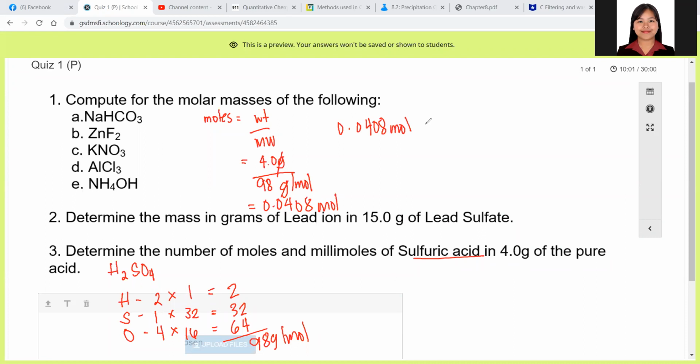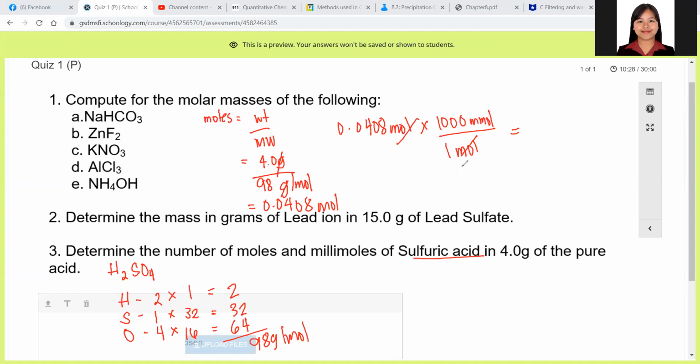And then to compute the millimoles, what is our conversion factor? Okay, it's also fine if you use 4 decimal places. No problem with that. Our conversion factor: in one mole, you have 1,000 millimoles. So the mole cancels. This is times 1,000.